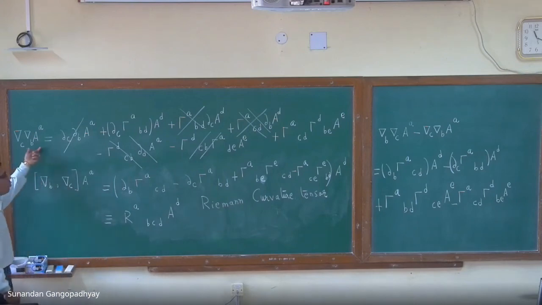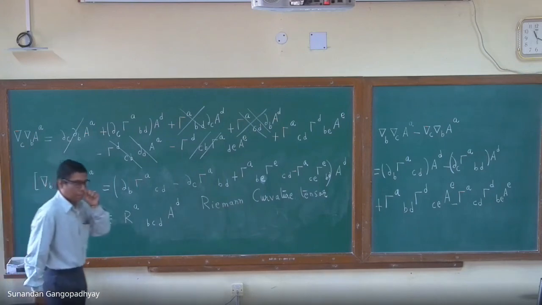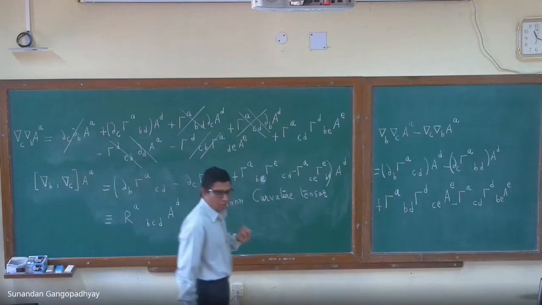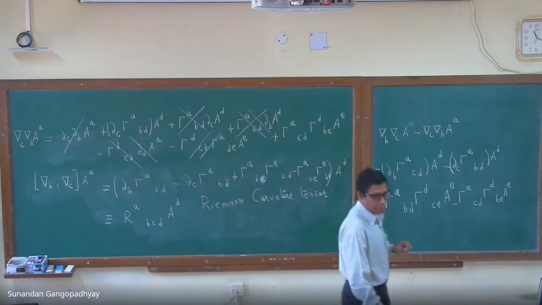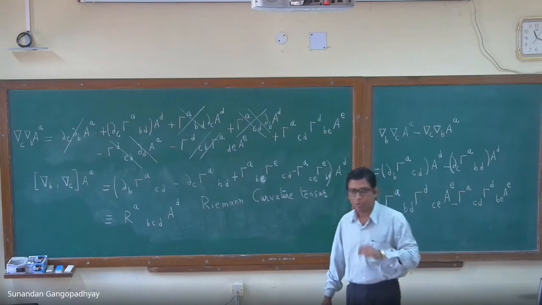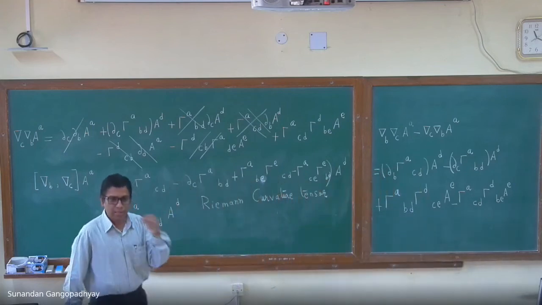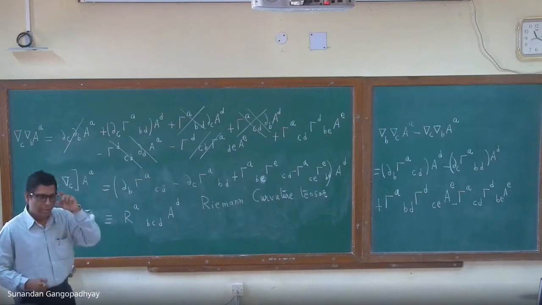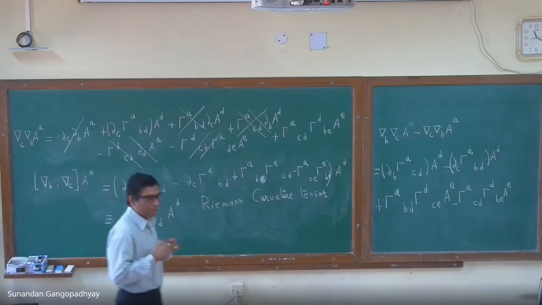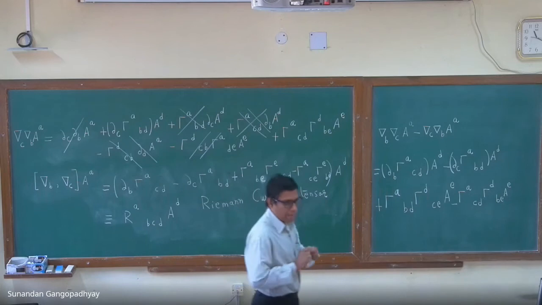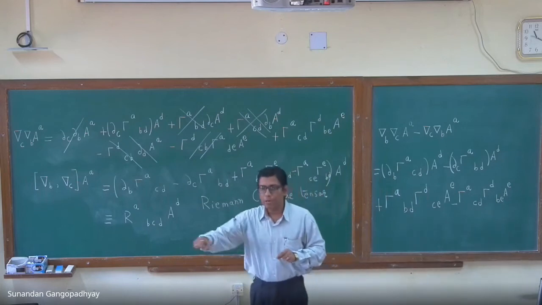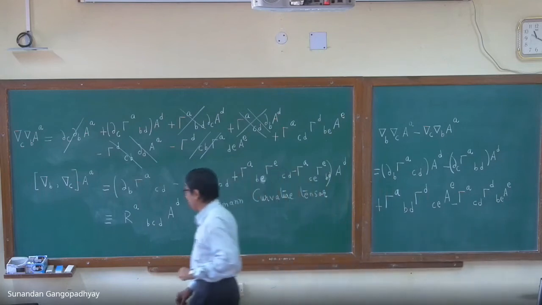See, what is the covariant derivative doing? What is the job of the covariant derivative? The job of the covariant derivative is to take you from one point to another point. You are basically transporting it, and it is a way by which you can differentiate two vectors. You are parallel transporting from one point to another point. Parallel transporting a vector.